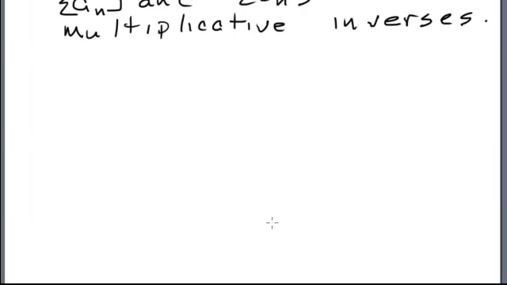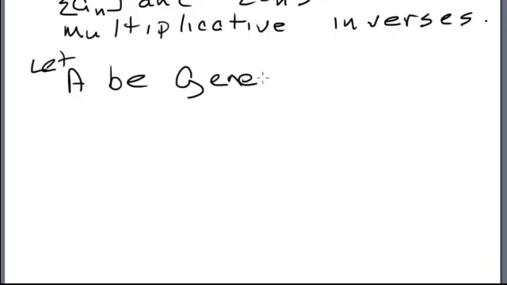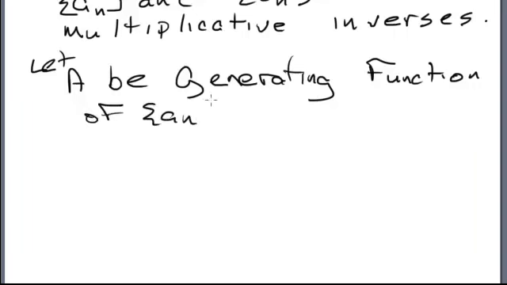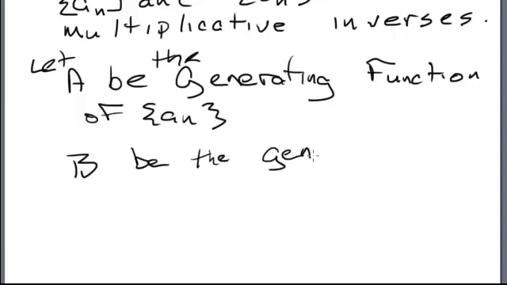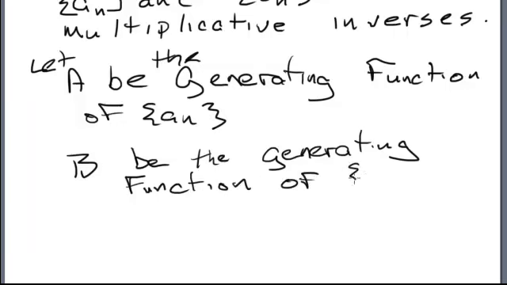So we're going to let A be the generating function of a_n, and B be the generating function of b_n.